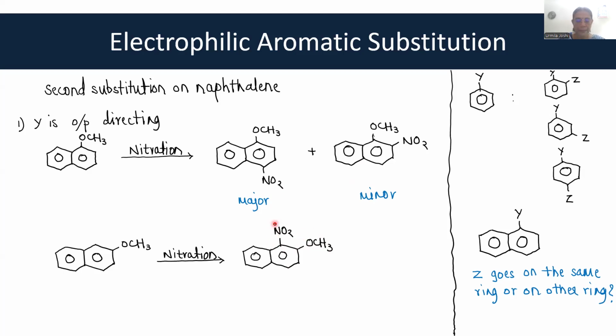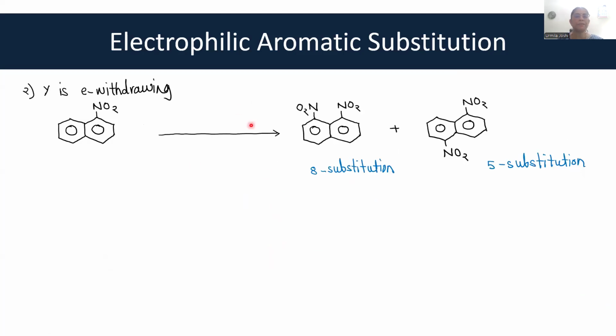Okay. Now, let us see what happens when Y is electron withdrawing. The already present group is electron withdrawing. So, if Y is electron withdrawing, then what happens? The second group which is entering goes on the other ring. So, it goes either at 5 position or at 8 position.